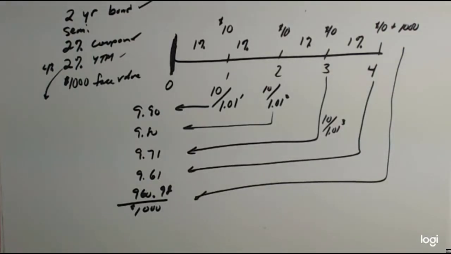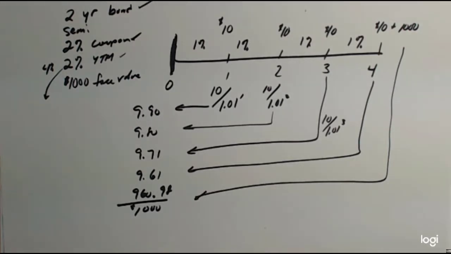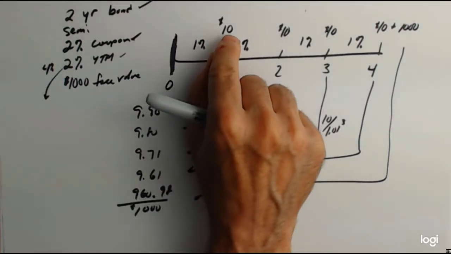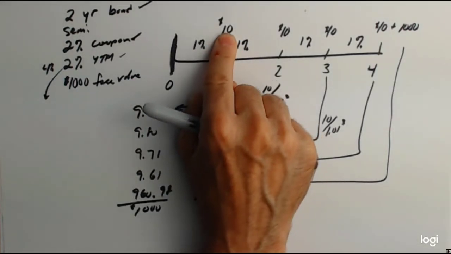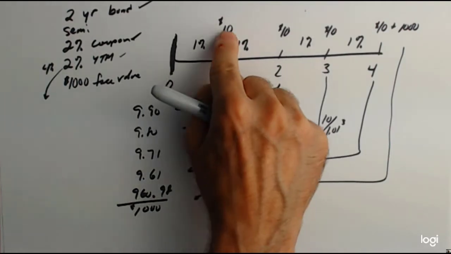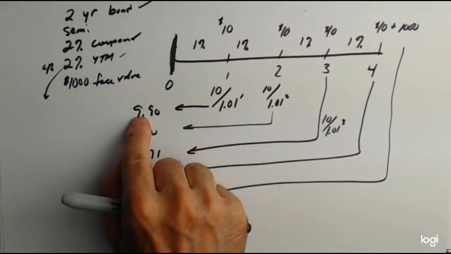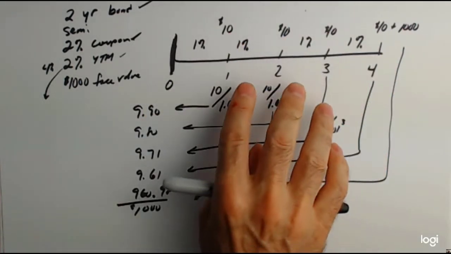So there you have it. In one little example, what I managed to do is show you how to value a semi-annual bond, and that a semi-annual bond is composed of a package or portfolio of zeros. So what if you were to buy just a single cash flow that generated $10 in one 6-month period? Well, that would be worth $9.90, and so on.